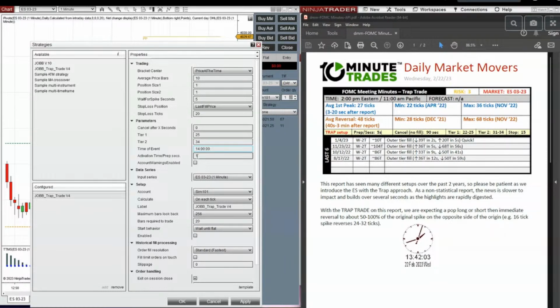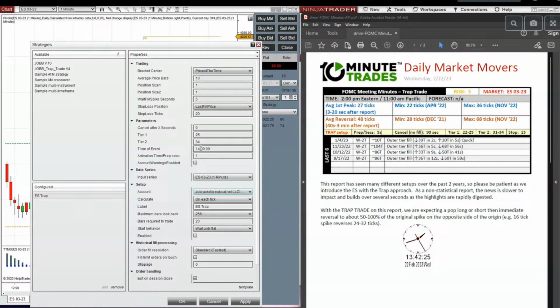And then I'm going to label it ES trap. And that's my setup. Okay. 25 and 34. Tier 1 is 25. Tier 2 is 34. Time of the event is 14:00:00.